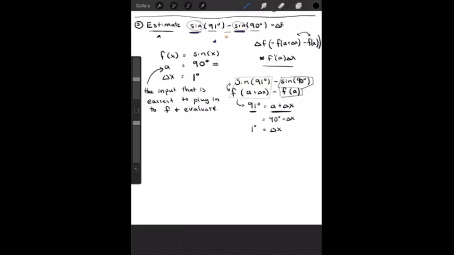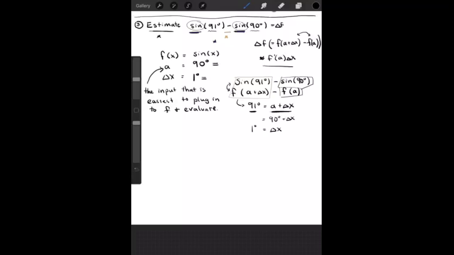Reminder, radians is going to be the ones with pi in it all the time. Yeah.